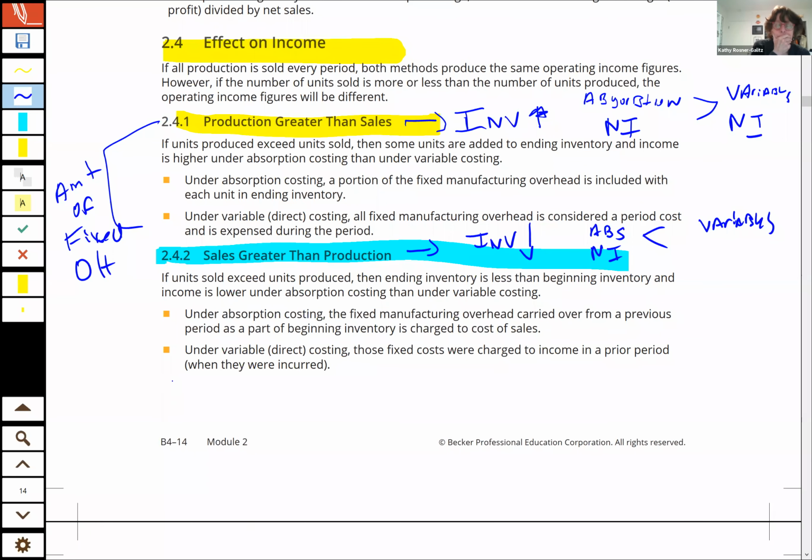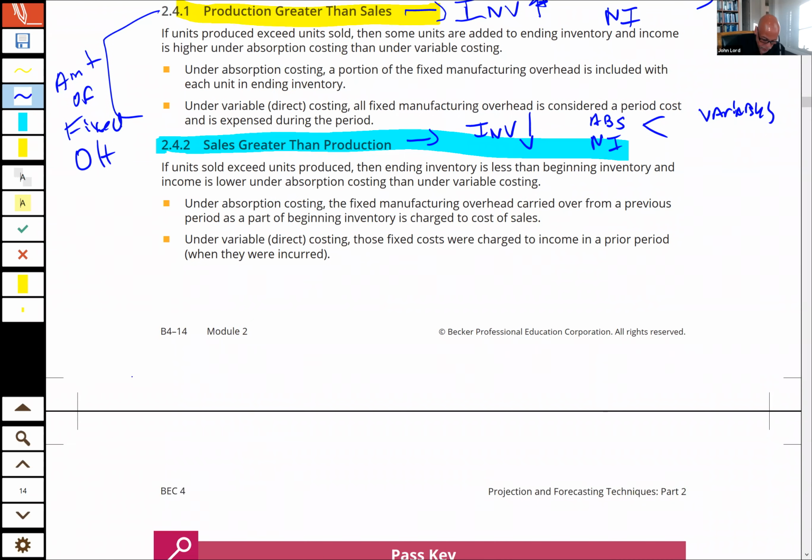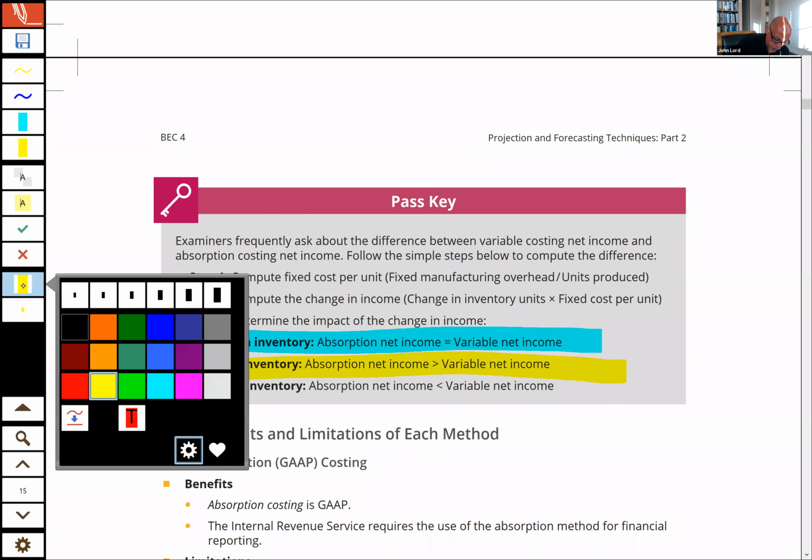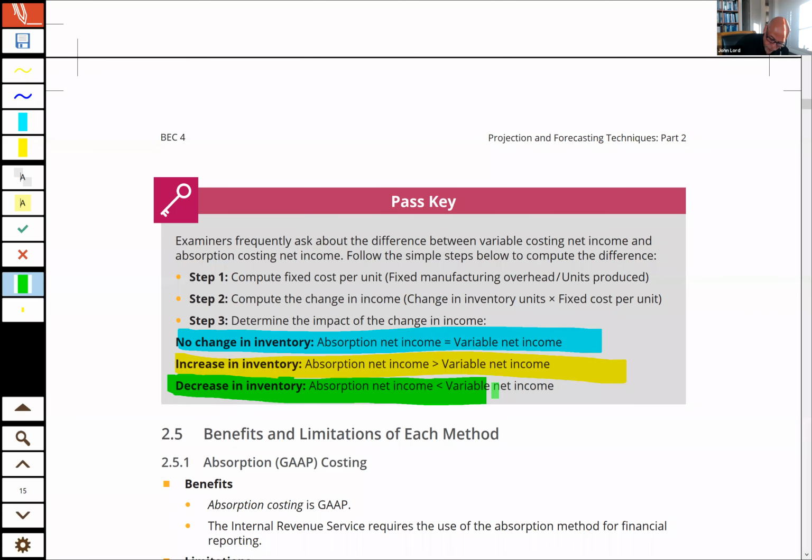Okay, good. Let's go to that next page. If there's no change in inventory, and that's where we can put the flashcard, then there'll be no difference between the variable or contribution approach, whatever, and absorption. So you can flashcard that right here.